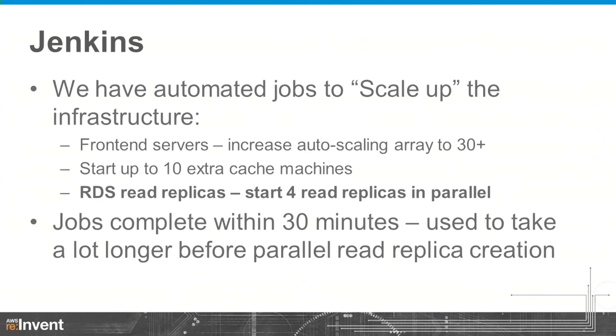Using scripts, we start the front-end servers, start extra cache machines, spin up read replicas. Now, you might say that we should be able to do the auto-scaling for the front-end servers using AWS auto-scaling. Well, it turns out you can't really do that because with that high surge at the beginning of an event, it's not only that you're not going to be able to spin up the instances fast enough, but you also need to warm up your load balancers, make sure that everything is in place.